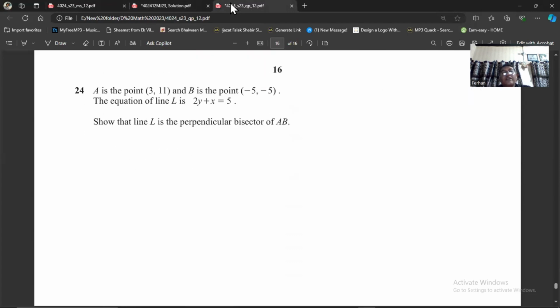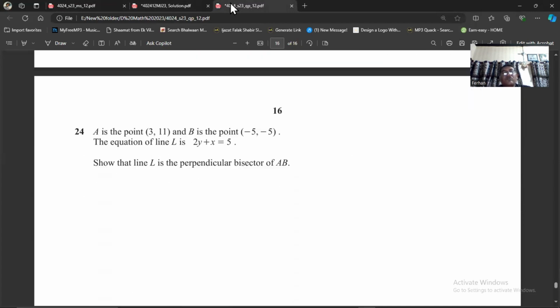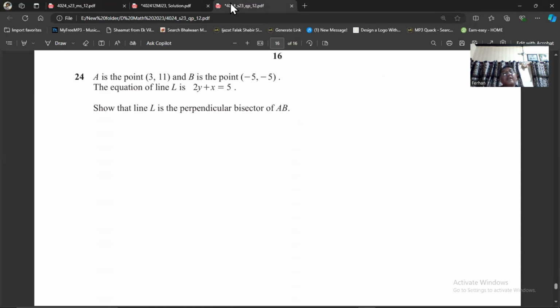Now we are going to the next question, question number 24. A is the point (3, 11) and B is the point (-5, -5). The equation of the line L is 2y + x = 5. Show that the line L is the perpendicular bisector of AB.